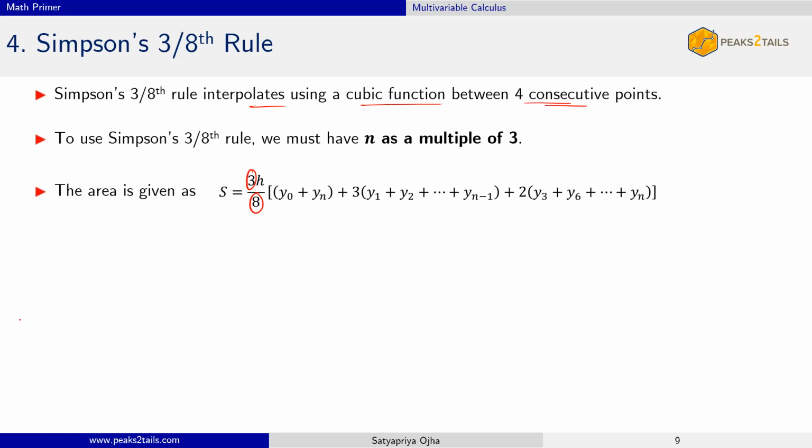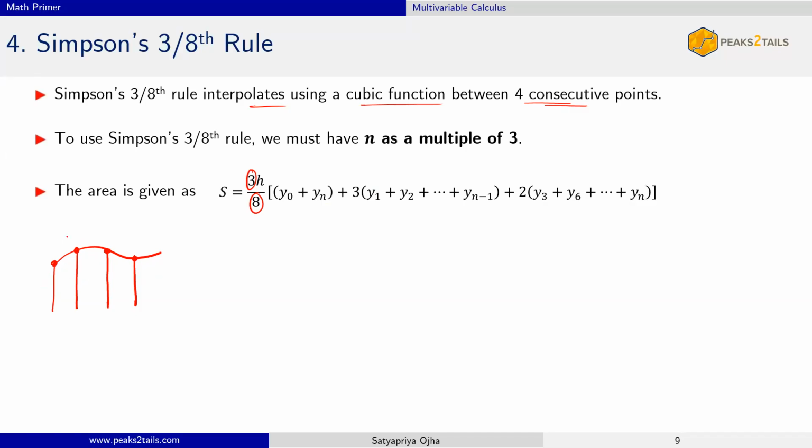So it can fit a perfect cubic function in 4 adjacent points. So let's say this is my curve. I need this point, this point, this point, this point. And we'll try to fit a cubic function that will pass through all the 4 points.